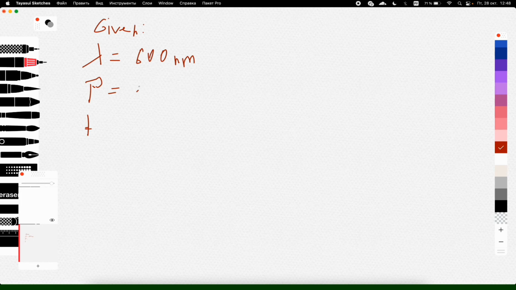Our P equals 1.7 multiplied by 10 to the minus 18 watts. And t equals 1 second.